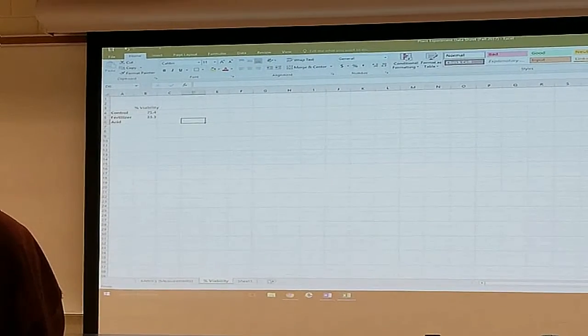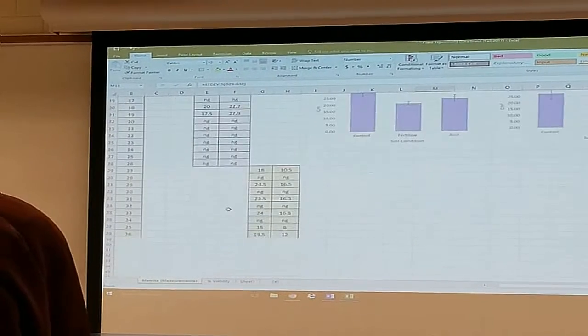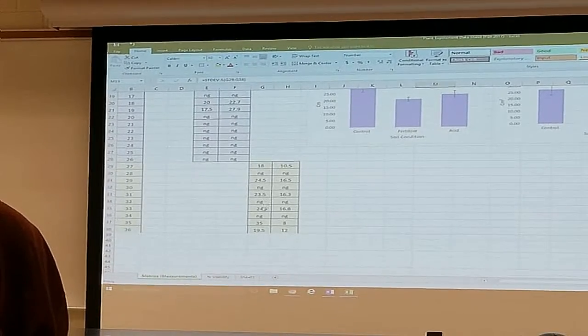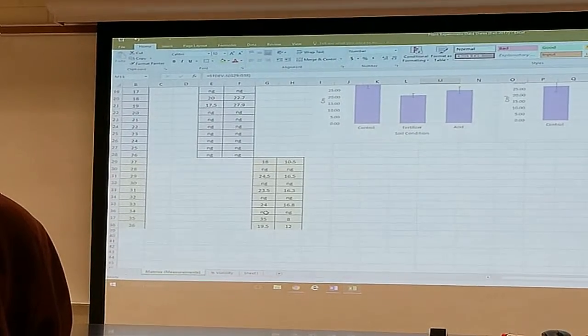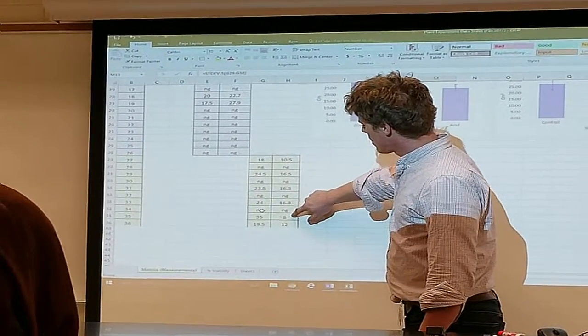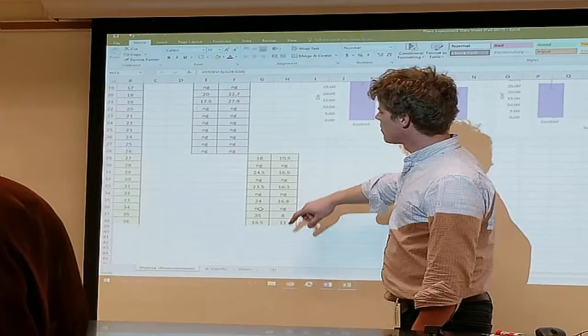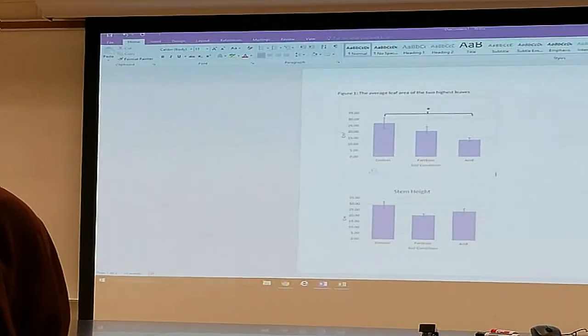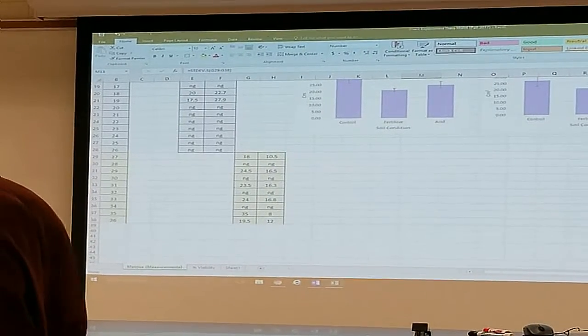And then the last one is the acid group, which was 1, 2, 3, 4 didn't make it out of a total of 10. So we had 6 out of 10 make it, and that's 60%.